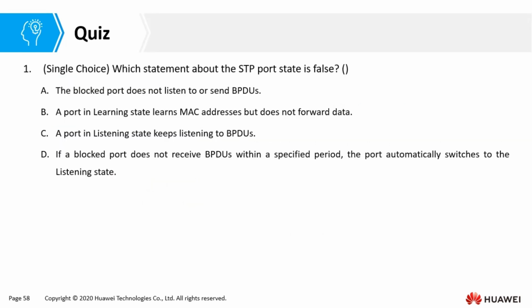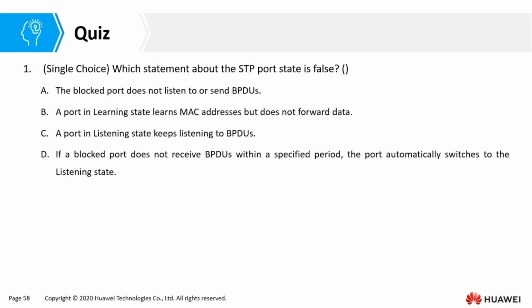Okay, so before we end the syllabus on this topic, we learned about STP. We learned why we need STP: of course, we want to prevent loops and broadcast storms. And also how we detect a broadcast storm: basically, you will notice your MAC address table on the switch keeps flapping.